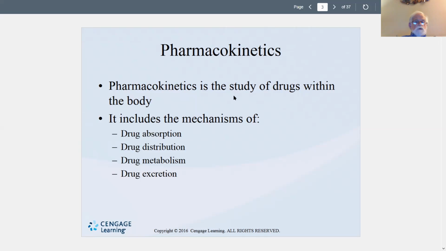Now, it can go out through the lungs as a gas, but those are pretty rare. It can even go out through the surface of the skin with sweat, but also pretty rare. Mostly they're going to come out of the urine. That's why all of our drug tests are urine based, or most of them are. But the drug can also be excreted through the colon as part of feces. So these 4 steps are critical.